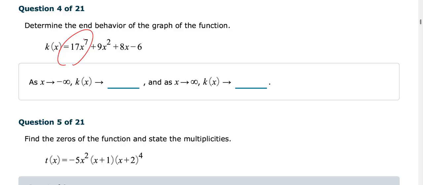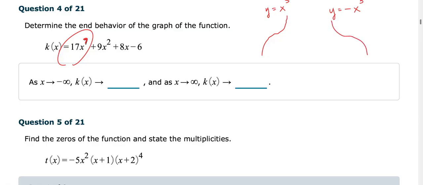So let's go look at the odd power first. Since it's odd, I think of the shape of y equals x cubed. y equals x cubed looks like this. If it had been a negative number out front, like negative x cubed, it would have this shape.